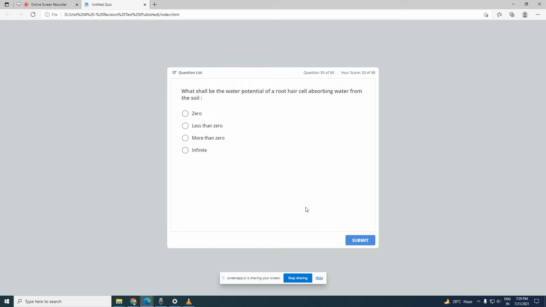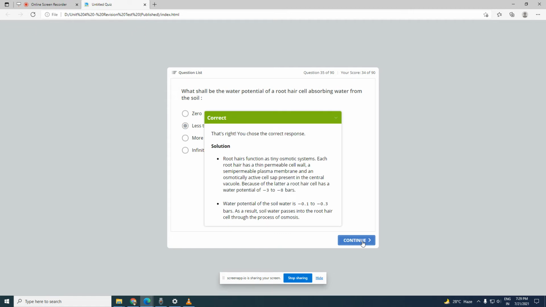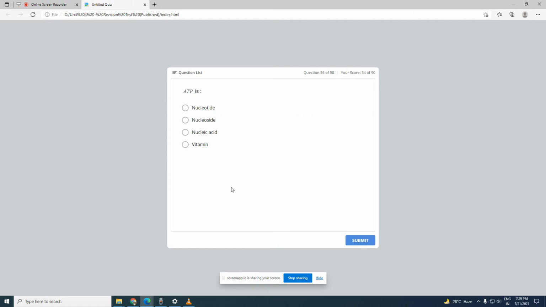And 35th question. What shall be the water potential of the root hair cell absorbing water from the soil? 0, less than 0, more than 0, infinite. Which is the right answer? The right answer is less than 0. Next question is very simple.